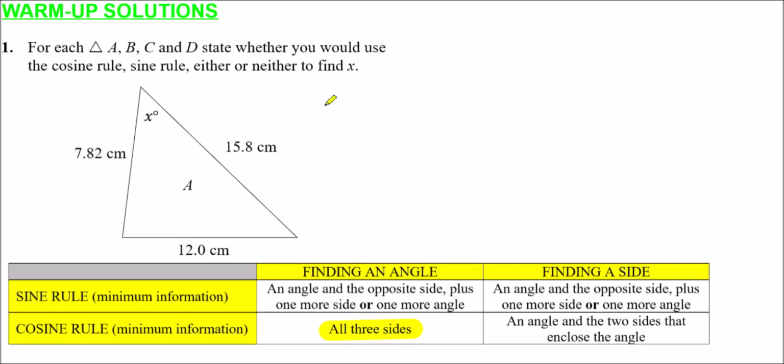We need to find an angle, and so what we'd be using here is the cosine rule. So this would be a case where we need to use the cosine rule. We couldn't use the sine rule because we don't know an angle. So that one would have to be cosine and cosine only.